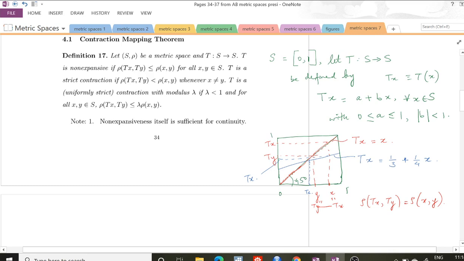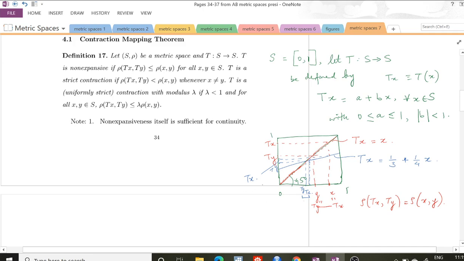Ty, so I go up to the T function here, and that's my Ty. So off the 45-degree line, it's somewhere here, right? So because the slope here is a lot less than the slope of the 45-degree line, the distance between Tx and Ty is getting squeezed, right? So in this particular blue example, the distance between Tx and Ty is less than the distance between x and y, right? And we can say something more.